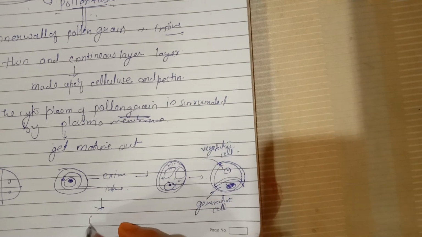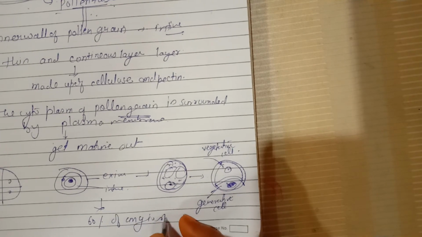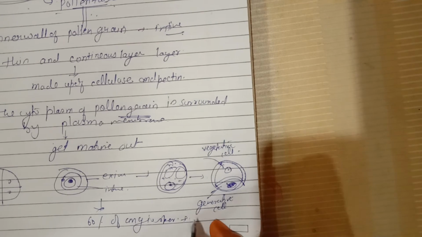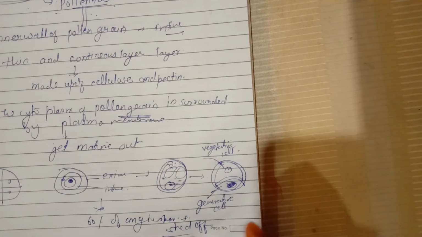In over 60% of angiosperms, pollen grains are shed at the 2-celled stage. Shed off means what?